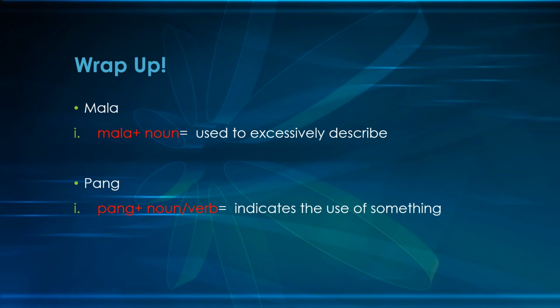And by adding pang at the beginning of the word kamay, which means hand, we can now identify that the use of the soap is for hands. So pang plus kamay, we can create the word hand soap. Pangkamay. Hand soap. And that's the use of that soap.